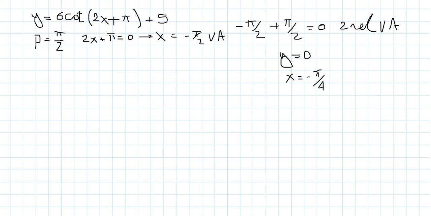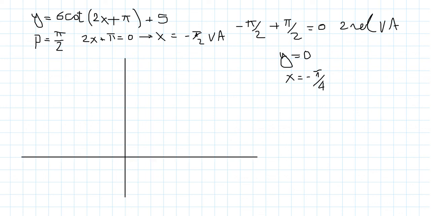Now I want to draw it. Suppose that here is x equals pi over 2, and this is x equals 0, x equals minus pi over 2, and here x equals 0. I have the shift in the axis, it is 5.